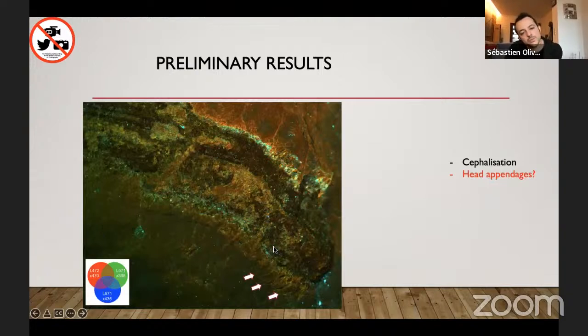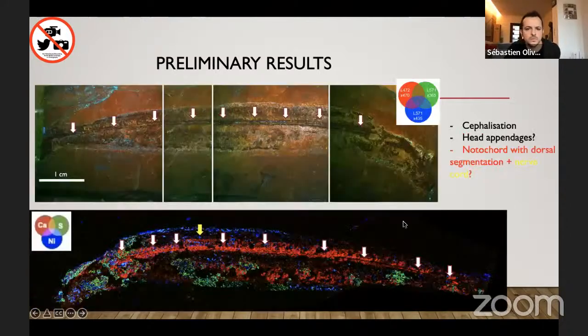On the anterior part of the head, we have elongated structures that could correspond to head appendages. The notochord is clearly observable here in red with the synchrotron. We have dorsal processes like a segmentation, with maybe what is a nerve cord here, pointed out by the yellow arrow.